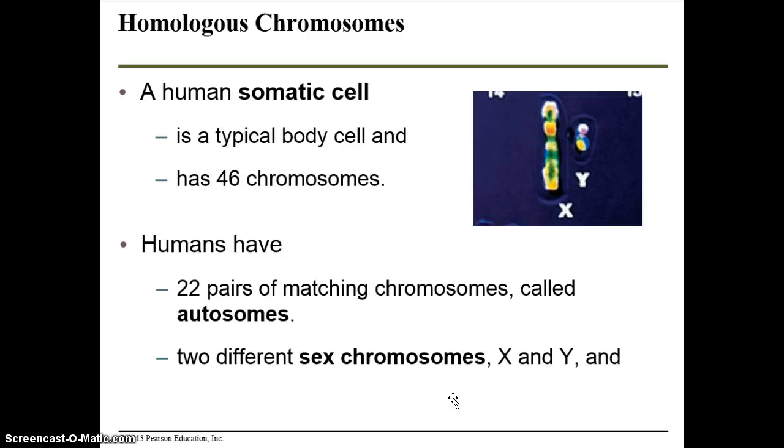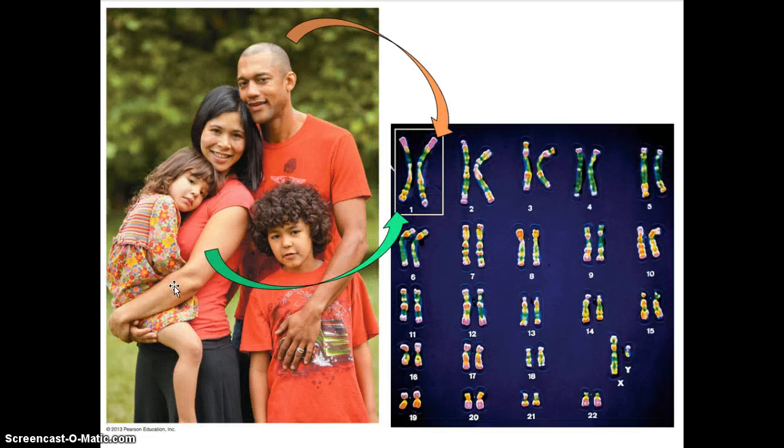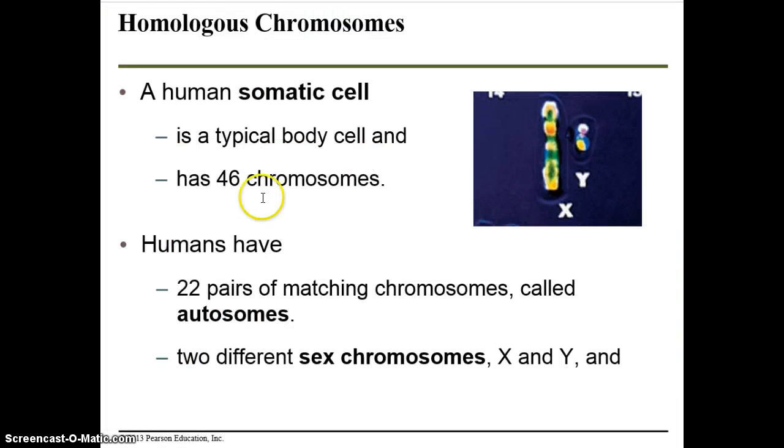So in all of your somatic cells, or body cells, as we just said, you have 46 chromosomes. 22 of them are matching pairs. Right? That's all these. Those are called autosomes. And then in humans, we have 2 sex chromosomes, an X chromosome and a Y chromosome.